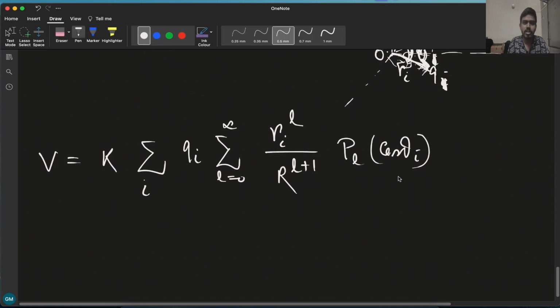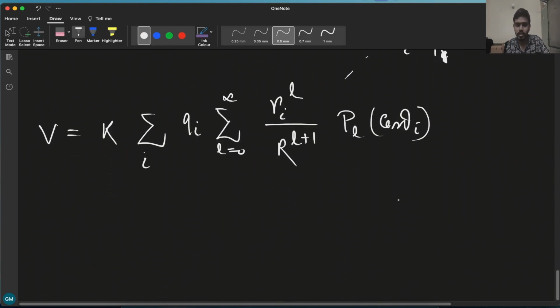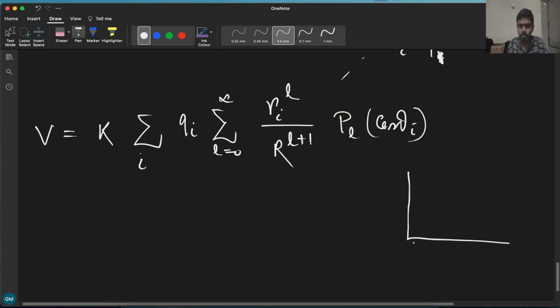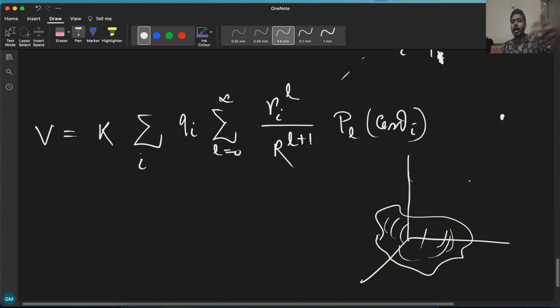So these are for discrete charges. Instead of discrete charges, if we have a distribution of charge in 3D, and we want to know the effect at a point far away, this is capital R. Then how should we write it?